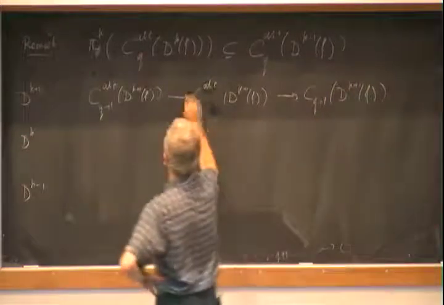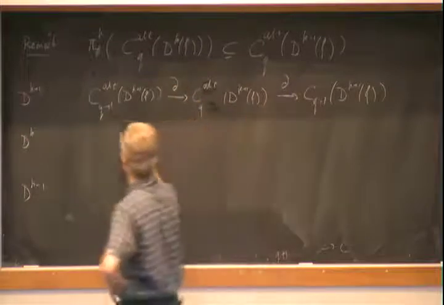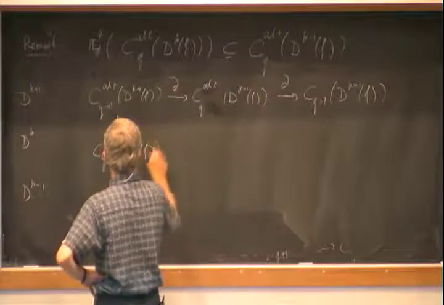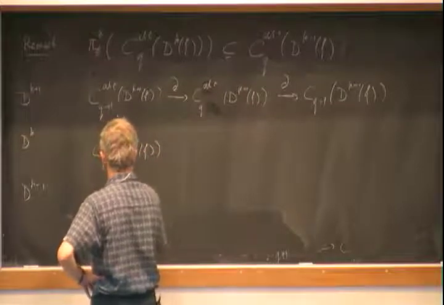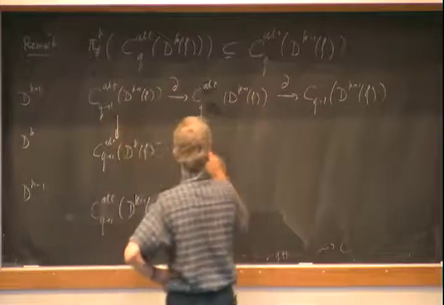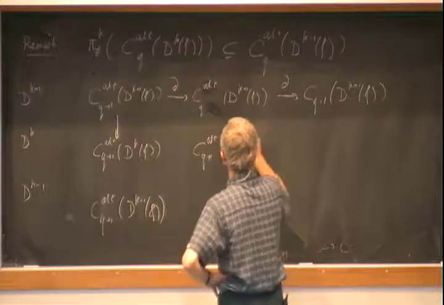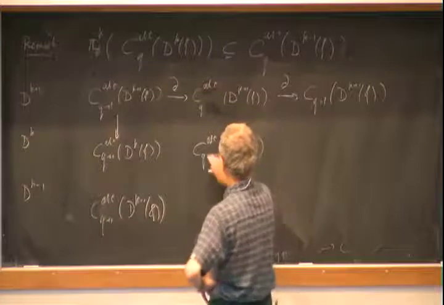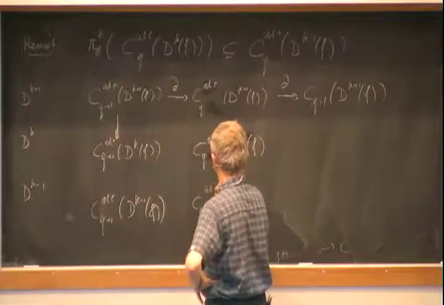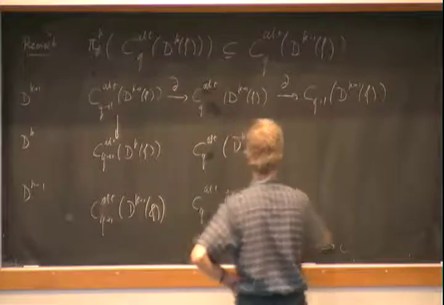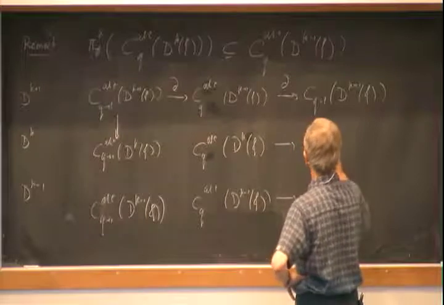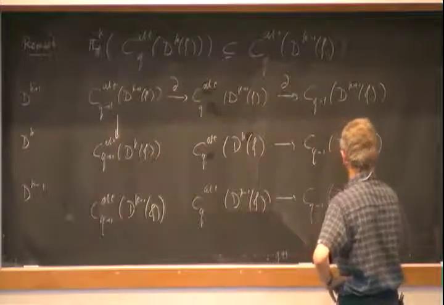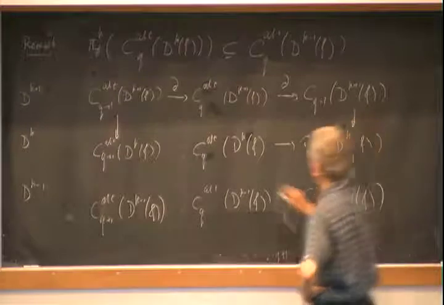So we've got this chain complex, delta, delta, and this two-dimensional array, and you can sort of fill this diagram in at your leisure.